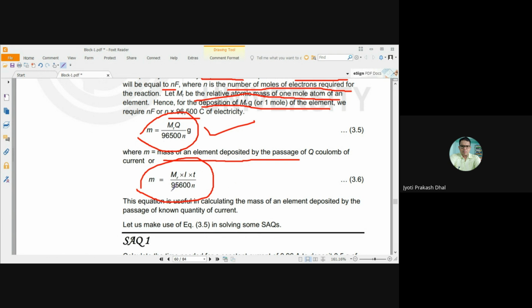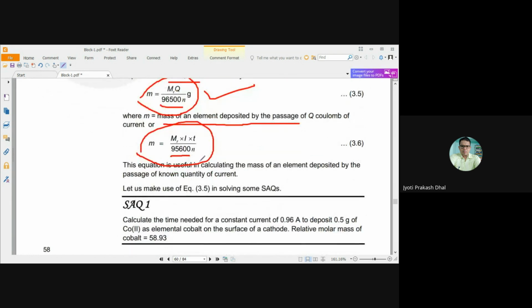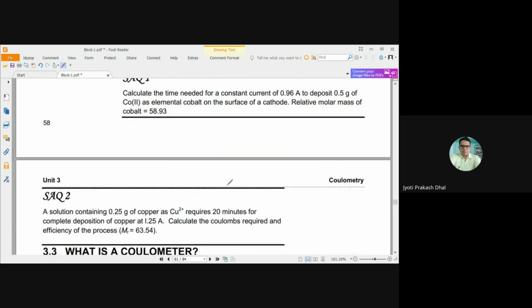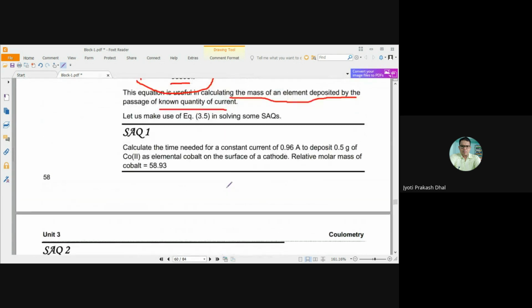By mistake it is written 95,600, but actually that is 96,500. This equation is useful for the calculation of the mass of an element deposited by the passage of a known quantity of current. So here one question is there.